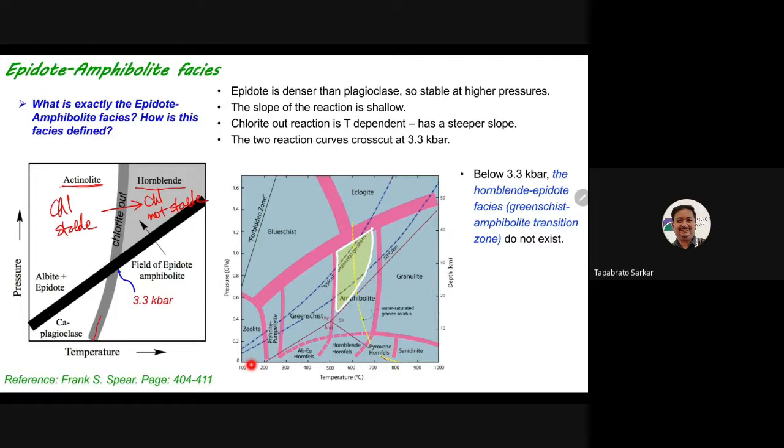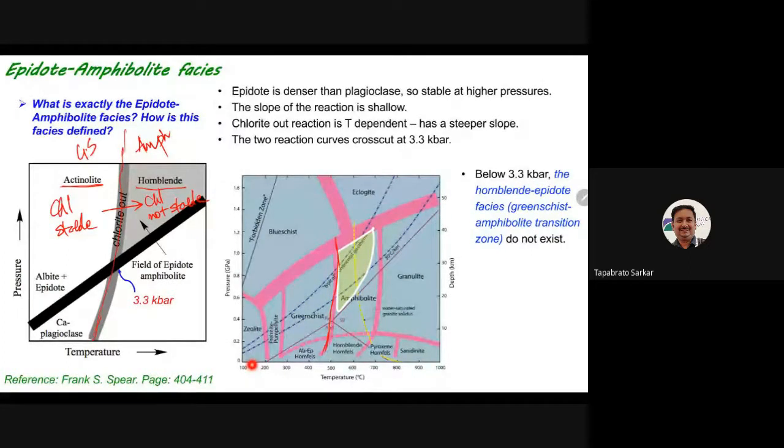So the end of chlorite marks the end of the greenschist facies. Here it is greenschist; on this side, it is amphibolite facies. Practically, this line marks the transition from greenschist to amphibolite, and this boundary follows the chlorite stability field.